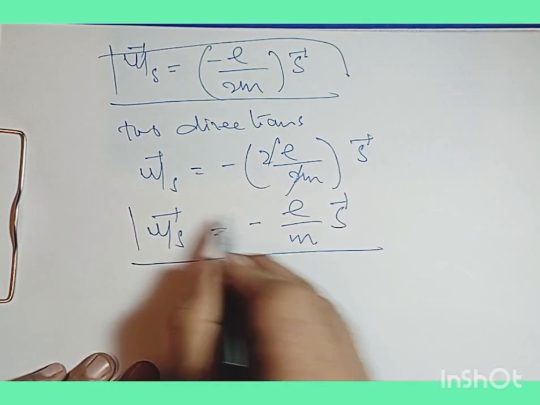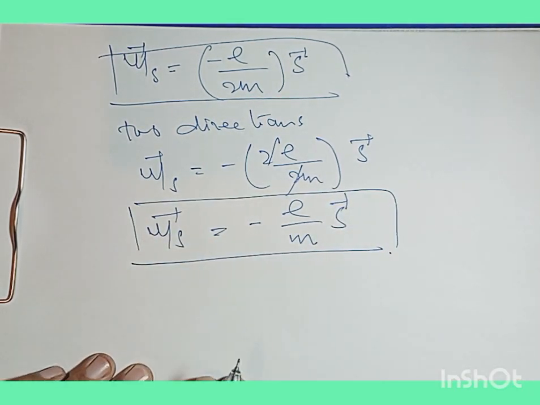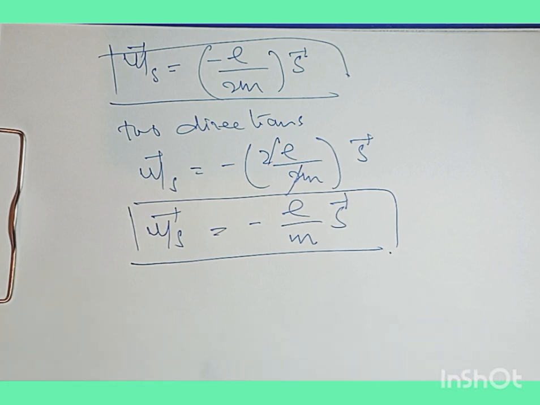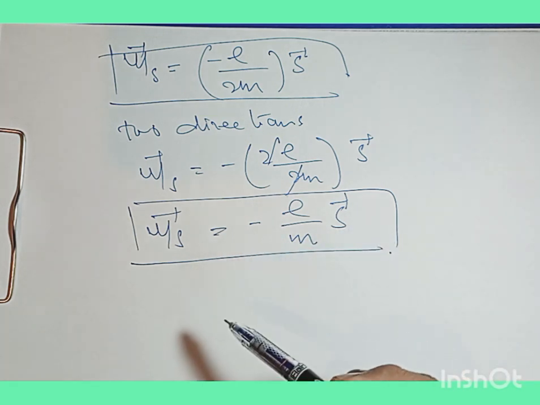Right. Now, what we have here is a situation where there is an interaction between the spin magnetic moment of electron and the orbital magnetic moment of electron.